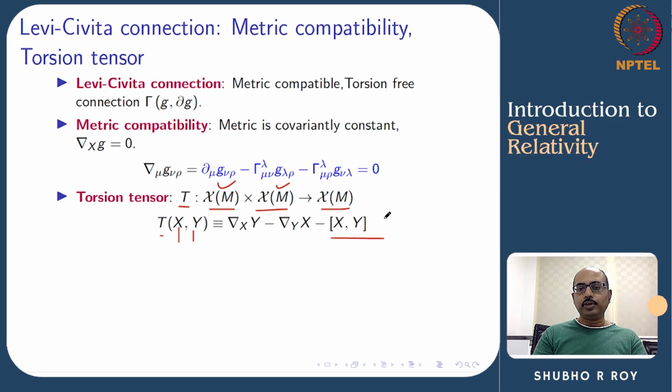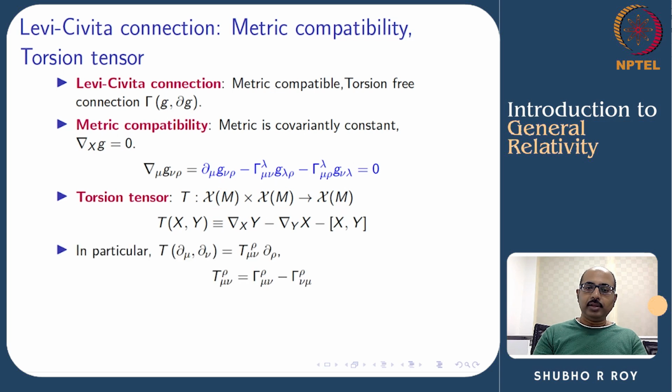All right, so the torsion is defined in this way. I'll come to the geometrical significance of the torsion tensor in a moment, but let me just look at what the components of the torsion tensor are. To know the components, I must substitute for x a tangent space basis element, which I have taken to be the coordinate partial with respect to x mu. And similarly for y, I take the tangent space basis element nu, the coordinate partial with respect to x nu.